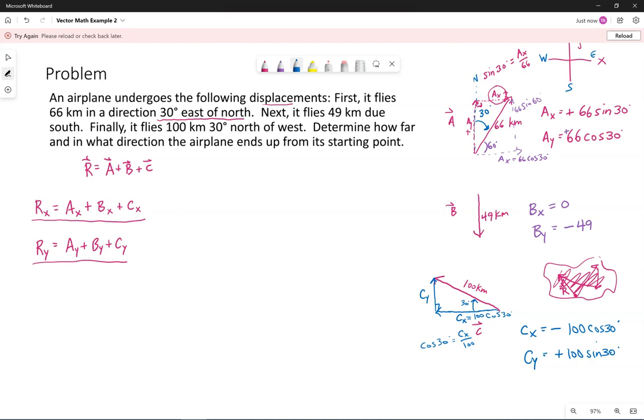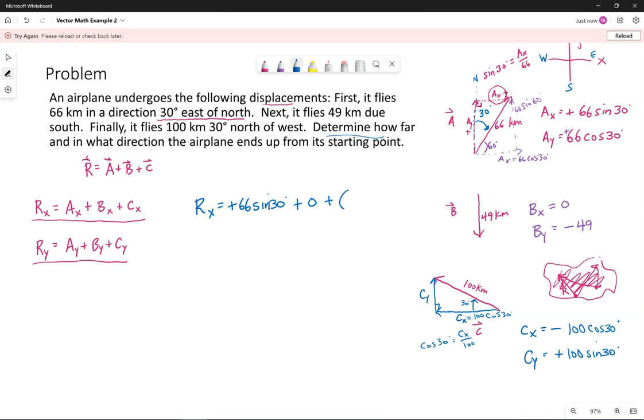To make this into an equation that is going to answer this question of how far the airplane ends up from its starting point, for the resulting x component, we're going to take how far east the plane moves during the first step, plus how far it moves during the second step. So I'm writing the 0 just so we're aware that we're thinking about all three vectors.